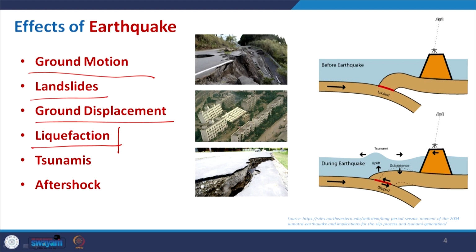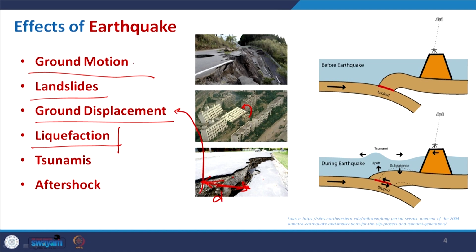Here you can see that due to the shaking in the earthquake, the soil where the foundation is laid behaves like a semi-liquid, and the whole building flips over. Here you can see the displacement, the cracks developed, and the portion where we adjoin has some displacement. So, ground displacement is also there.